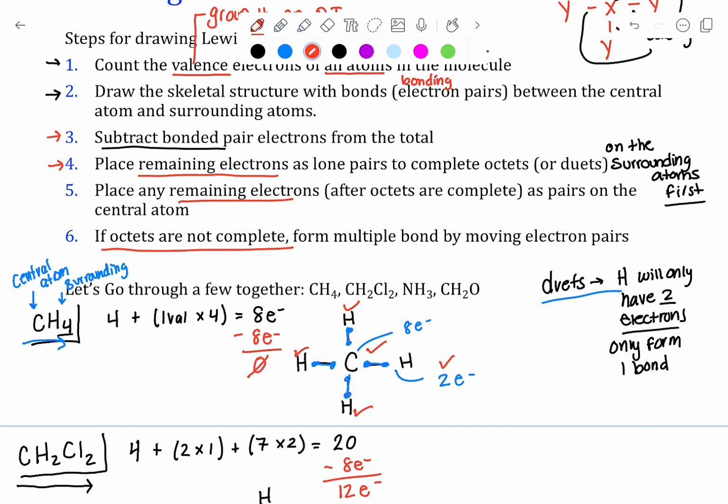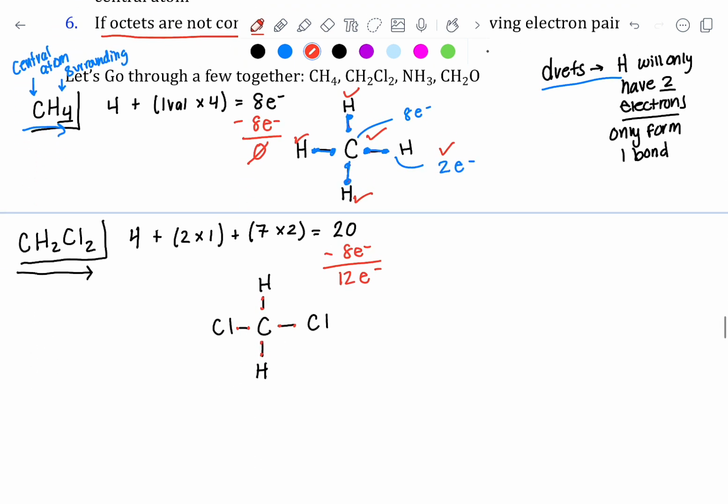So I have 12 remaining electrons that I'm going to place as lone pairs on my surrounding atoms to complete their octets. So hydrogen does not need any lone pairs because it already has 2 electrons associated with it, and that completes its duet, so it's happy. So hydrogens are happy.